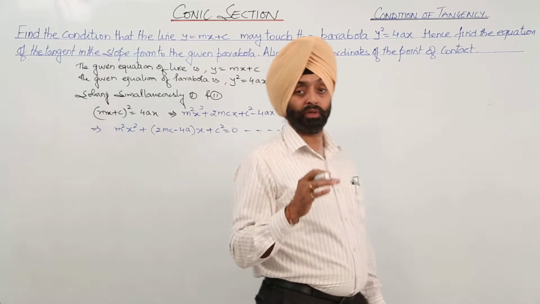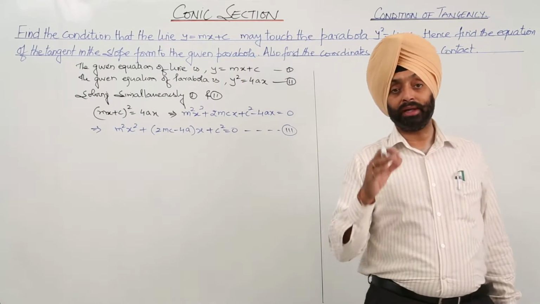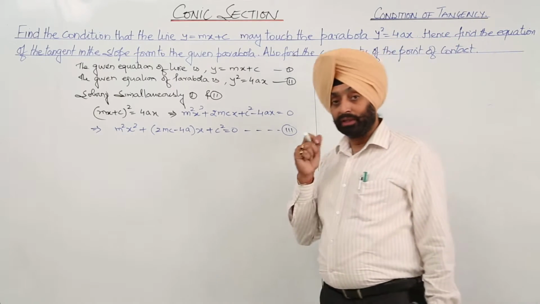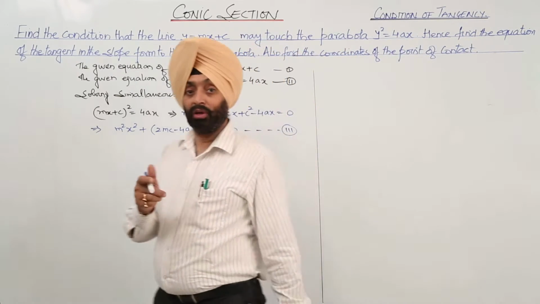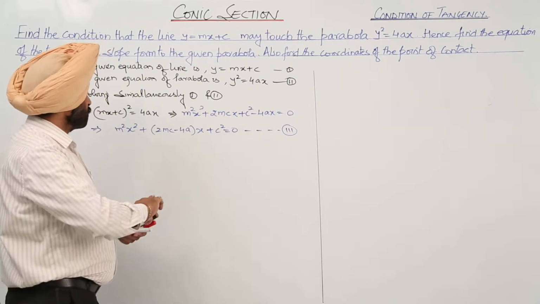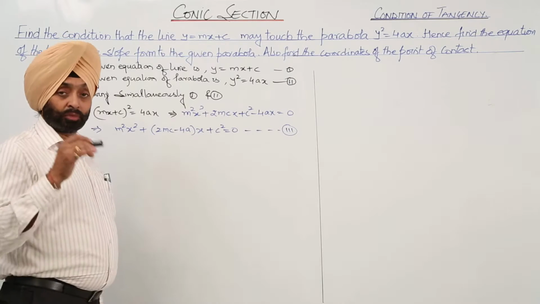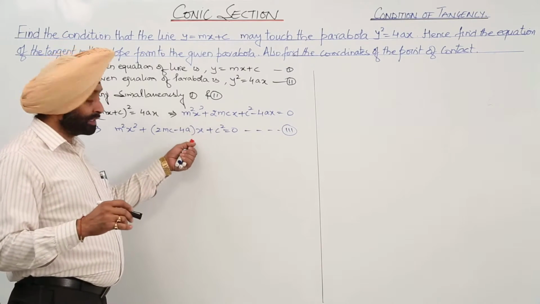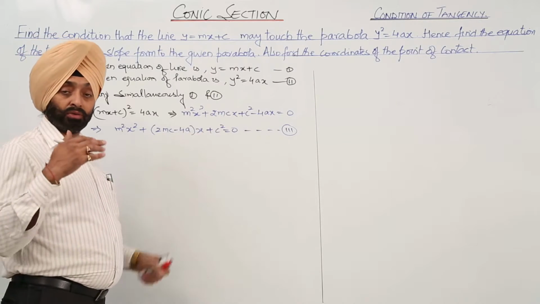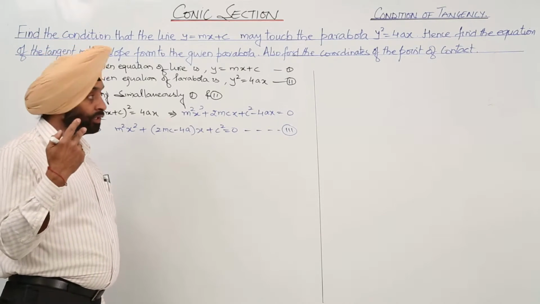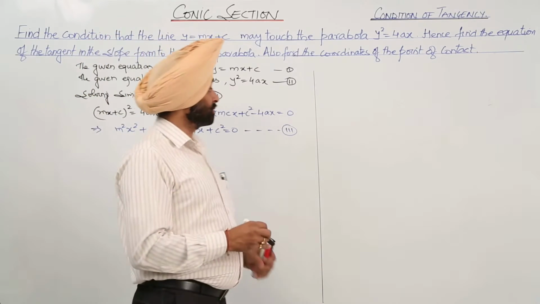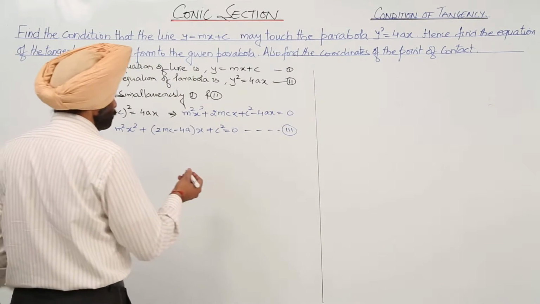For all this, we have to move for exactly the same roots, because a tangent to a parabola touches only at one single point. So substituting the values of x in equation 1, we will be having two equal roots, two unequal roots or two imaginary roots.